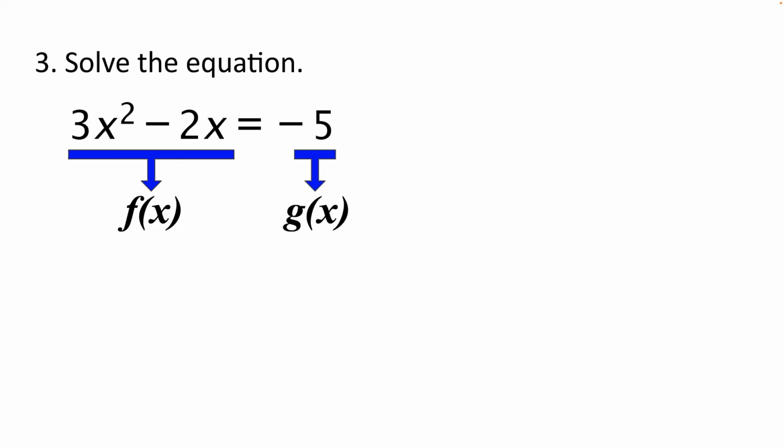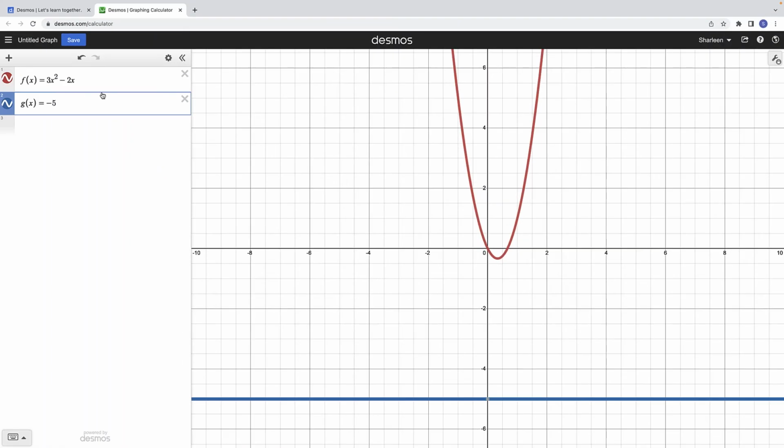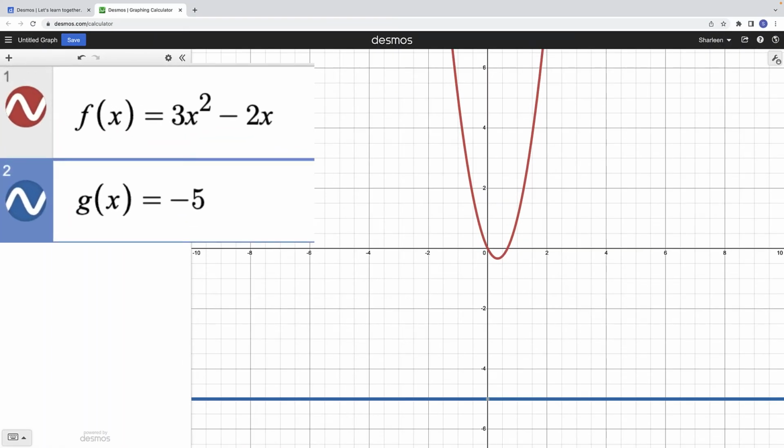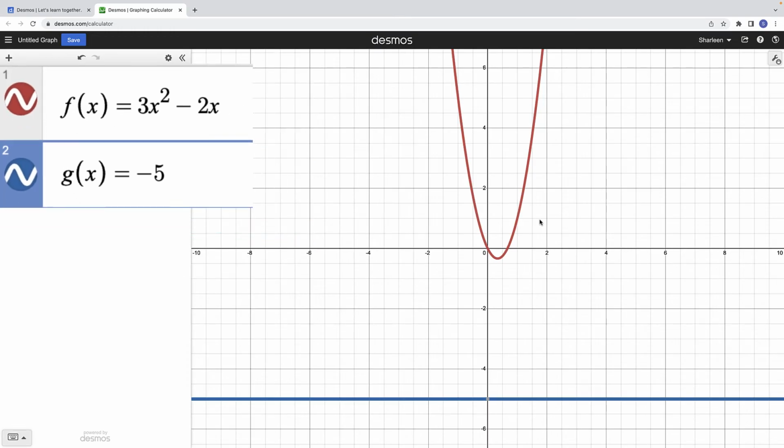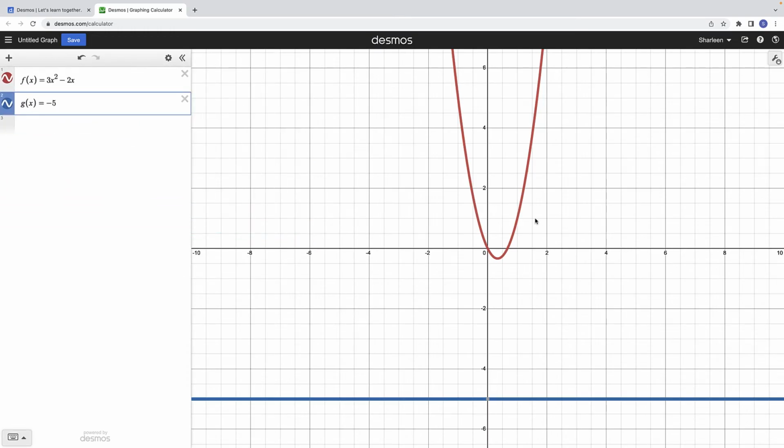Let's go back to Desmos and edit the functions f and g to match this new equation. I went ahead and edited the functions f and g to match our third equation. So f of x is the function 3x squared minus 2x, and g of x is the function negative 5. The left-hand side, which was f of x, is this parabola that's opening upward.